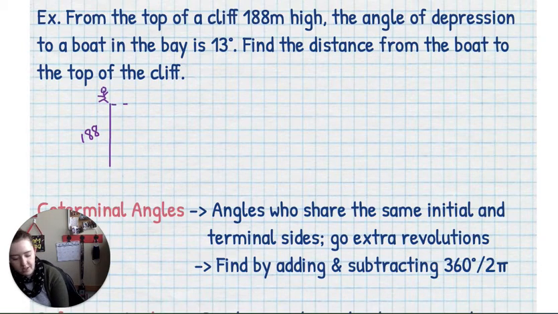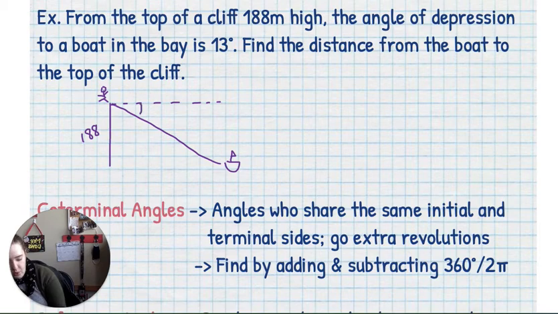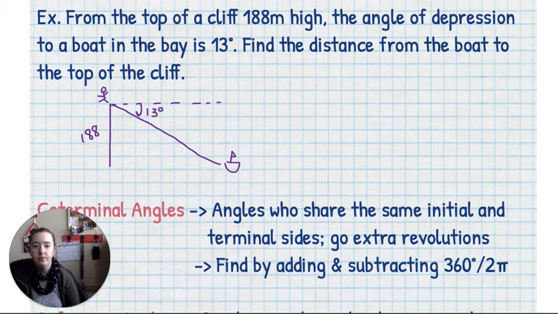From the horizontal, so here's my horizontal line, down to a boat in the bay, so here's my boat. From the horizontal down is 13 degrees. Find the distance from the boat to the top of the cliff. So right here is the distance from the boat to the top of the cliff.